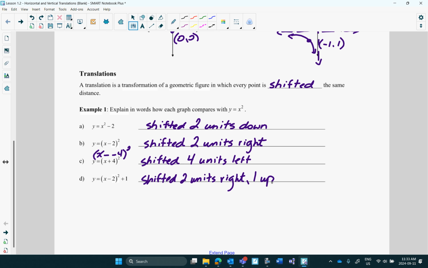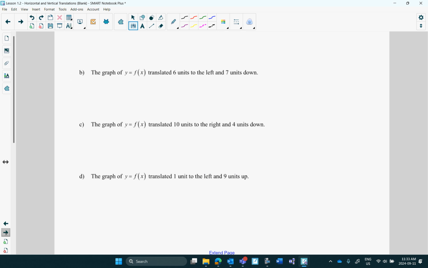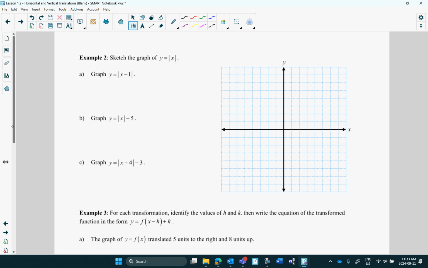So let's look at y equals absolute value of x. Well, y equals absolute value of x goes like this. This is y equals absolute value. Notice the points that it goes through: 1, 1, 2, 2, 3, 3, 4, 4, etc. Why?